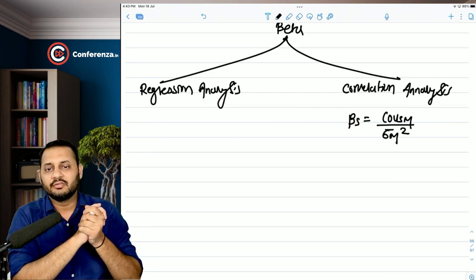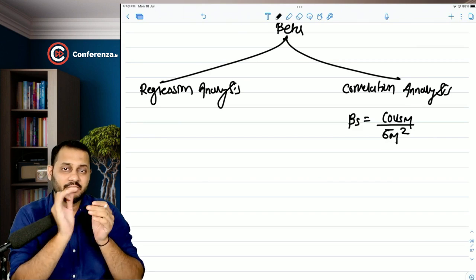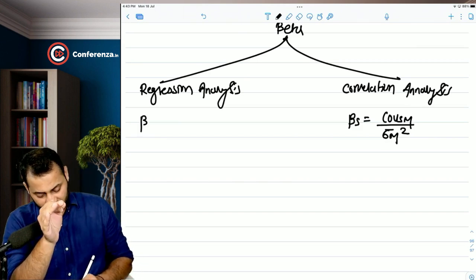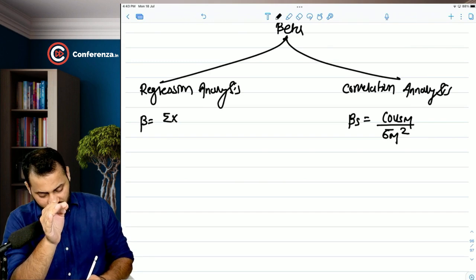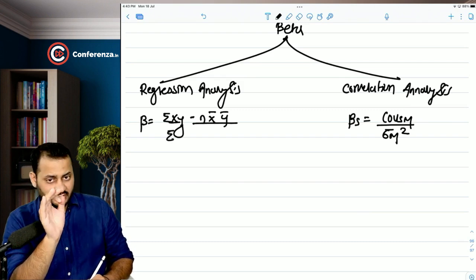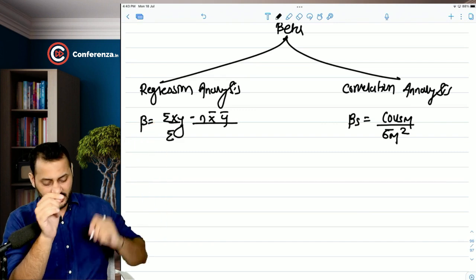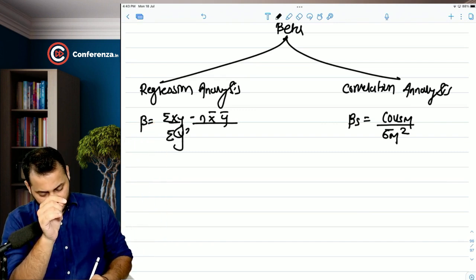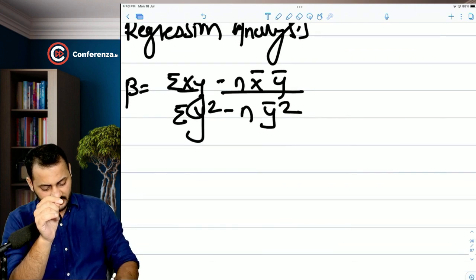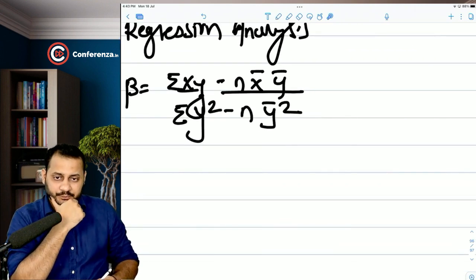The other method which will give a similar answer is regression analysis, which you will have to mug up a little. Summation of xy minus n bar x bar y divided by summation of y square minus n bar y square. Now understand the meaning of this.